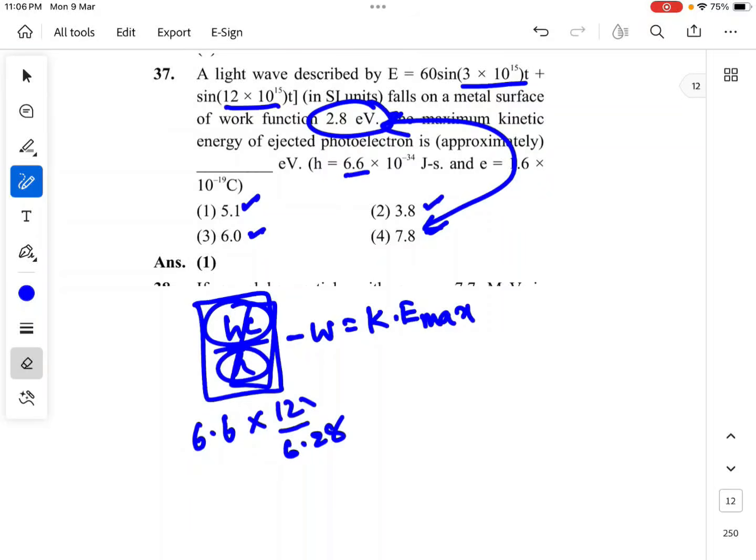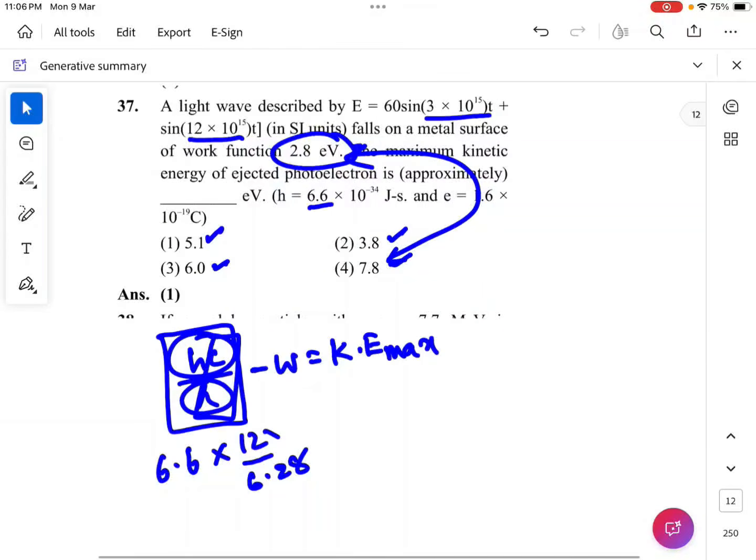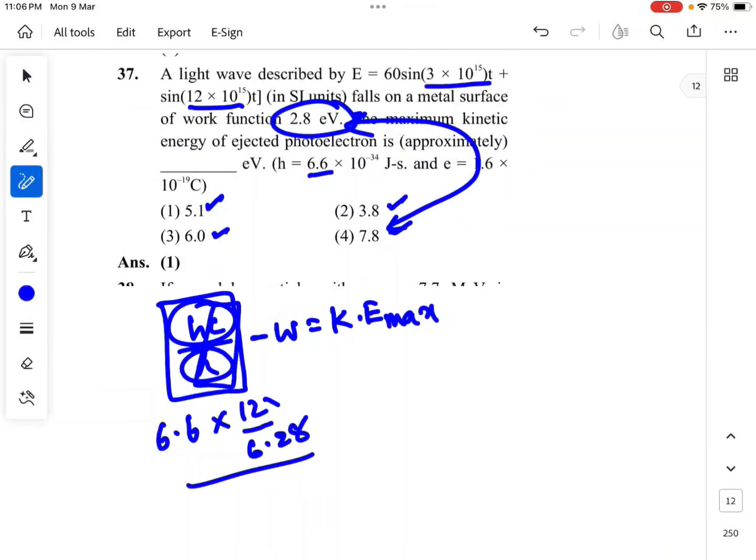Next, I have to calculate the value of this, and yes, I have to convert this into electron volts again. So how do I convert this into electron volts? Divided by the electron's charge, 1.6 into 10 power minus 19. Again, I'm ignoring the 10 power something. Okay, so look at it carefully.